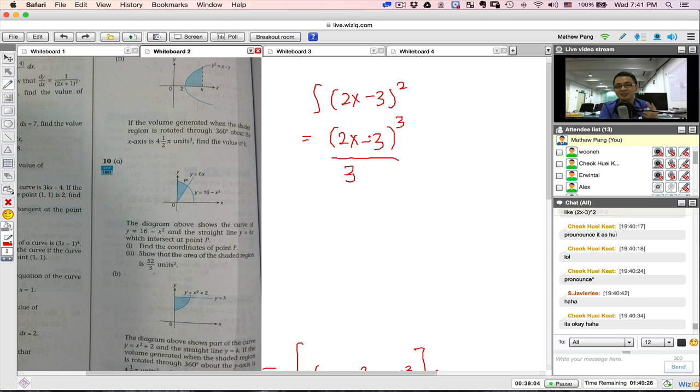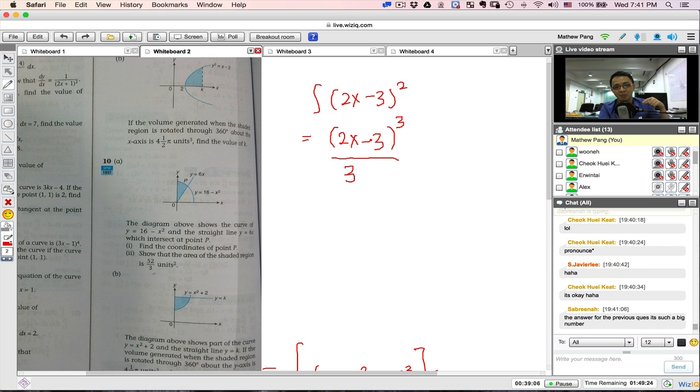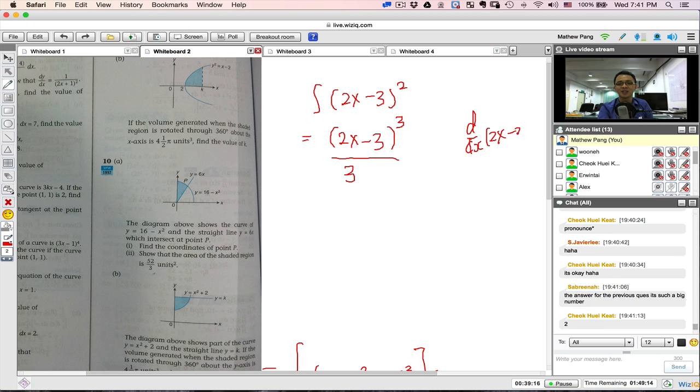Listen carefully, it's differentiate the inside one more time, and I put it at the bottom. If I differentiate 2x minus 3, of course I will get 2, isn't it? So I put 2 at the bottom, plus C. Then I'm done. This is my answer. Of course, you can multiply and it becomes 6.